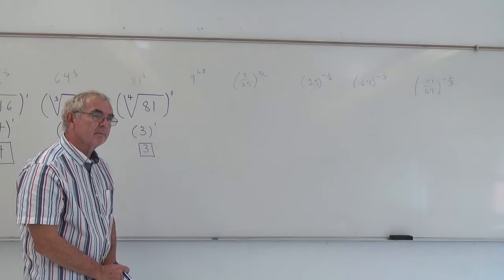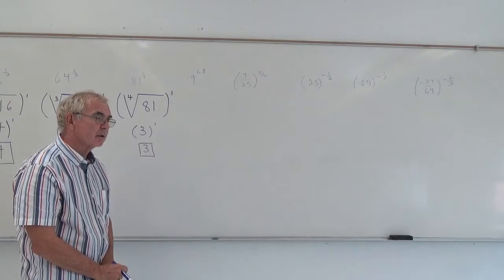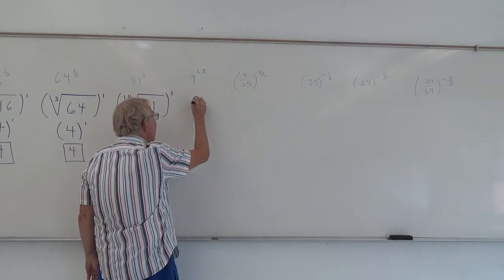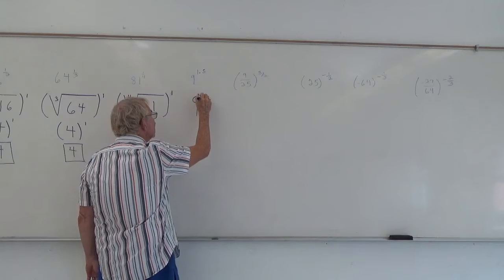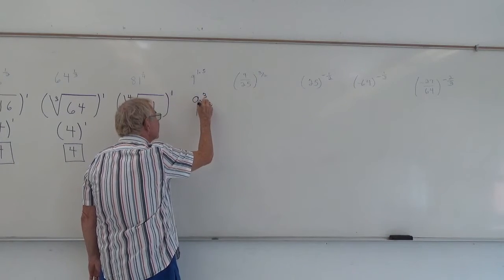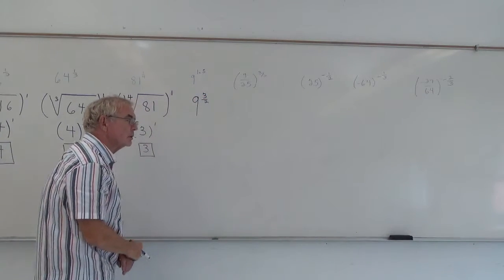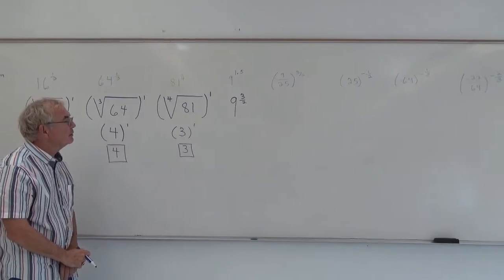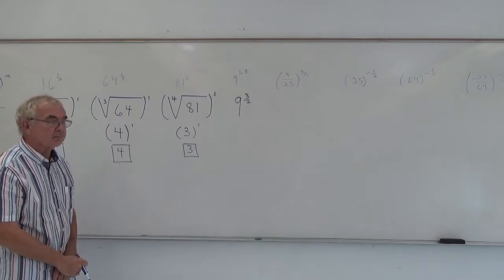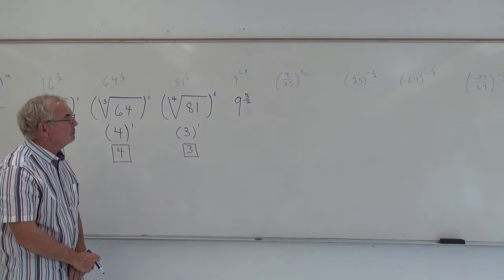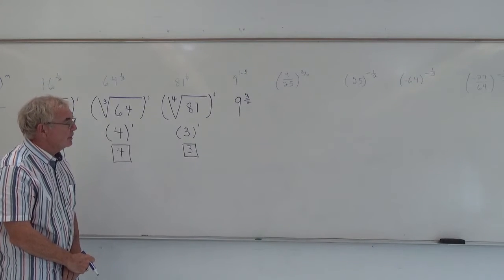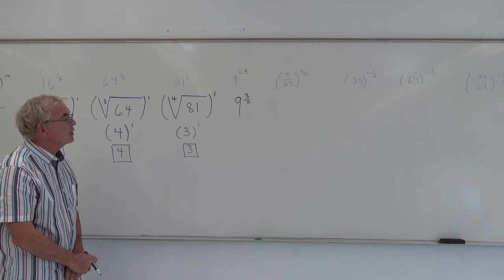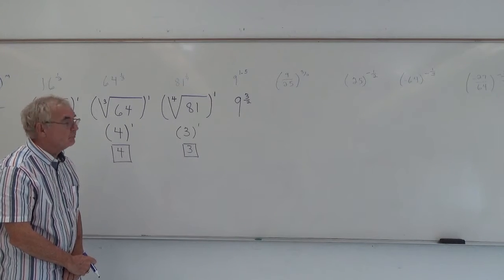Think about it. 1.5. It's got to be an improper fraction. Do you agree it could be written as 3 over 2? I think you'll say, yeah, that's 1.5. So there's your rational number. So if you have a decimal that's terminating, ending, just write it as a fraction.